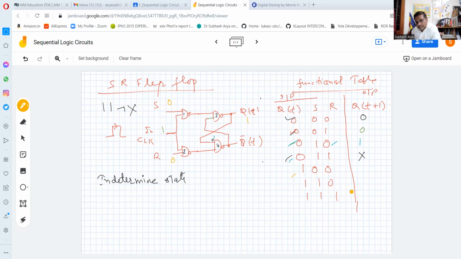So NAND gate number 1 will give output 1, NAND gate number 2 also will give output 1. Gates 3 and 4 will look into the status of the second input. So here Qt is equal to 1. So this is fixed now. So this will be 0, and this 0 is available here. 0 makes the output 1. So it will be logic 1.